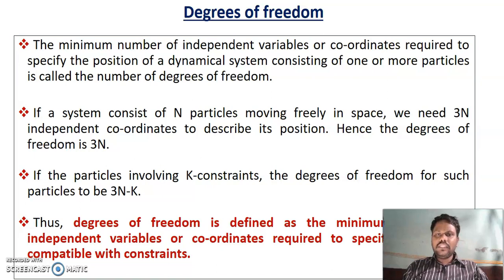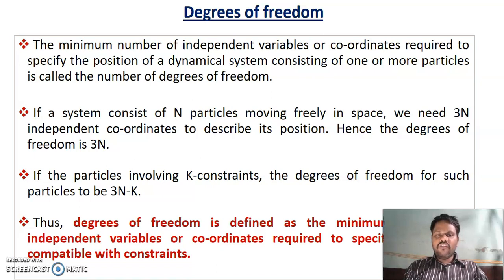For a particle moving in free space, we need 3 degrees of freedom. For two particles moving in free space, we need 6 degrees of freedom. For 3 particles in free space, we need 9 degrees of freedom. Likewise, if a system consists of n particles moving freely in space, we need 3n independent coordinates to describe its position.